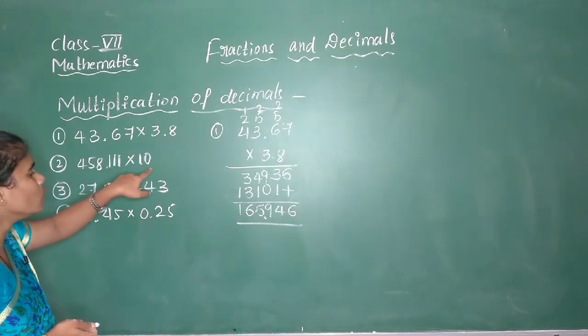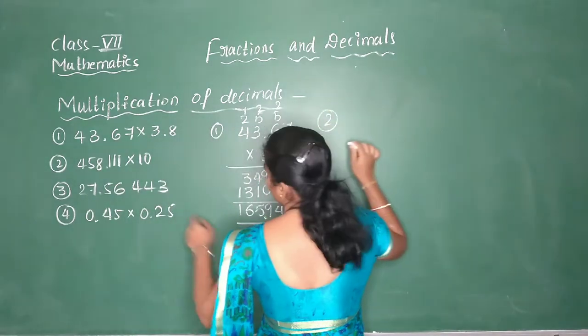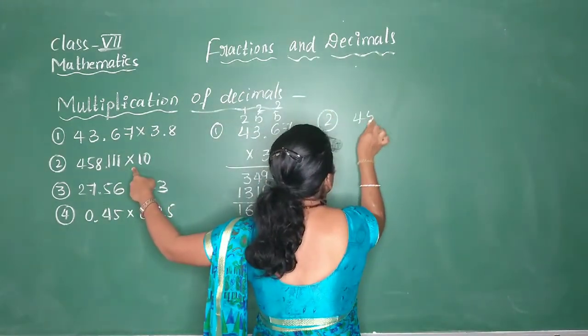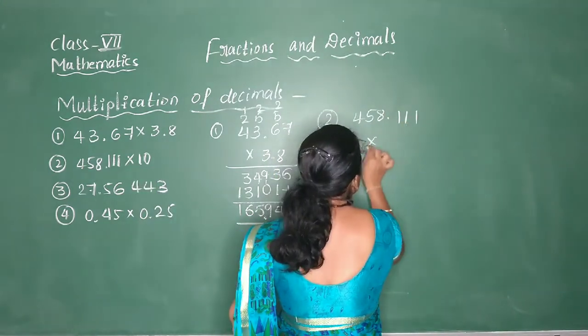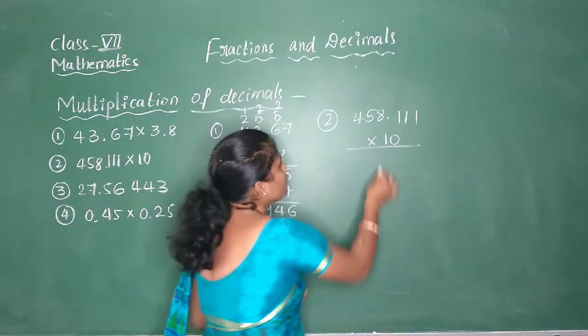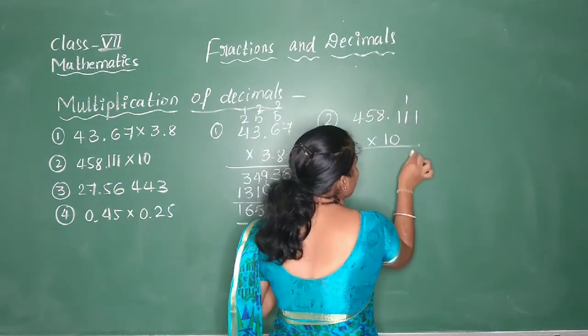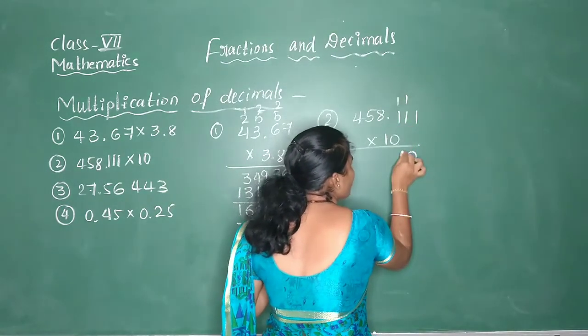458.111 into 10. See, the second question, 458.111 into 10. Here 10 ones are 10, 10 ones are 10, 10 plus 1, 11.